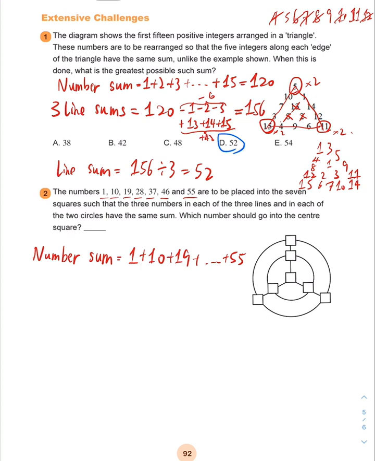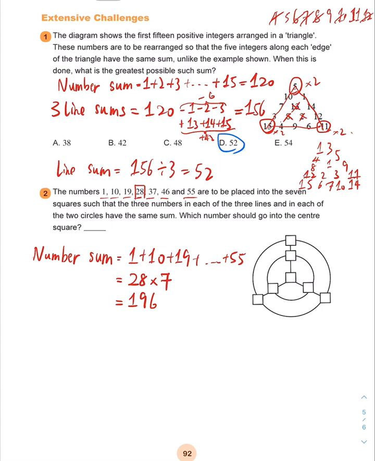So we just need to take the middle term, use the median principle of the arithmetic sequence, and now we know it's equal to the median multiplying the number of terms. So 28 times 7, and it's equal to 196. All right, so the number sum is equal to 196.